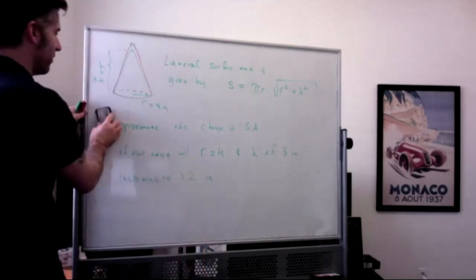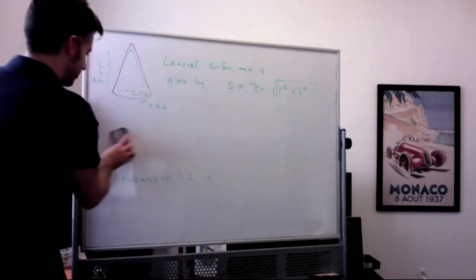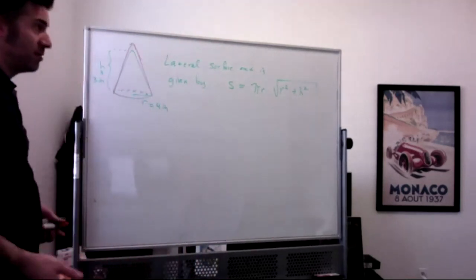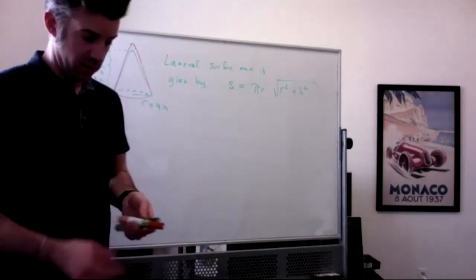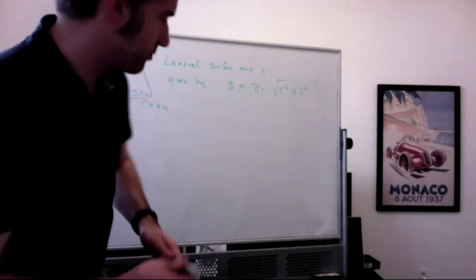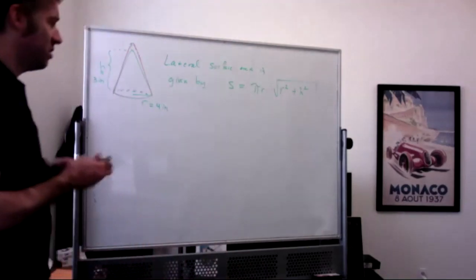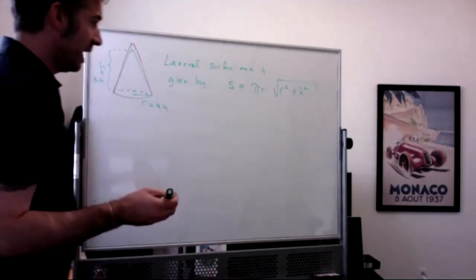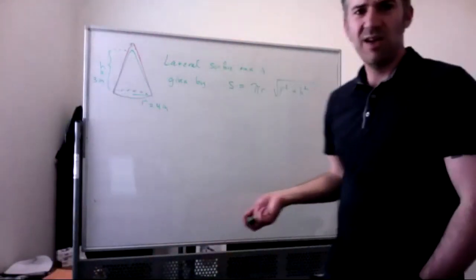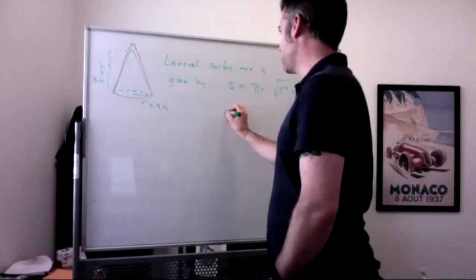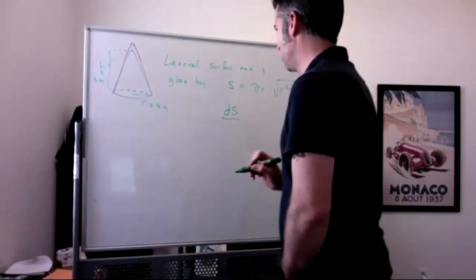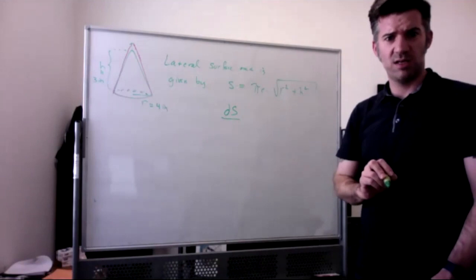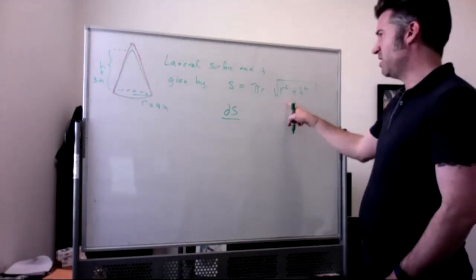How much did the surface area change? I'm just asking for the differential here. So for the differential, I need to find the derivative. The derivative with respect to what variable? Radius or height?